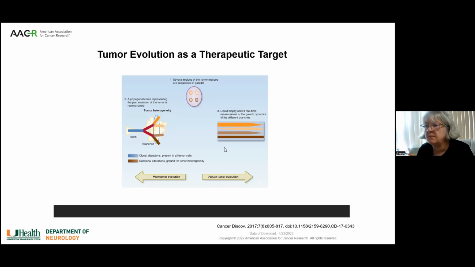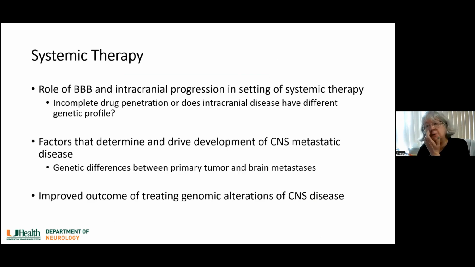metastasis. So we used to think that it was really the blood-brain barrier that prevented us from treating CNS disease in the setting of systemic therapy. And so now the question is, was it really incomplete drug penetration, or is this change in genetic profile really responsible for the lack of benefit of treatment and response from systemic therapy?